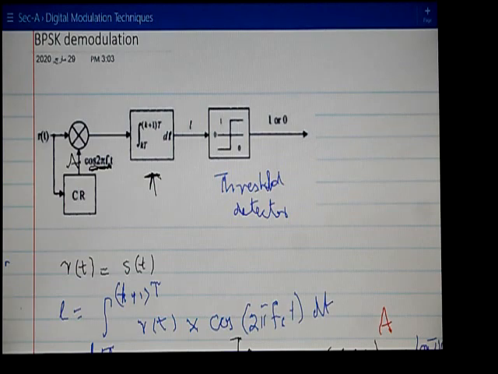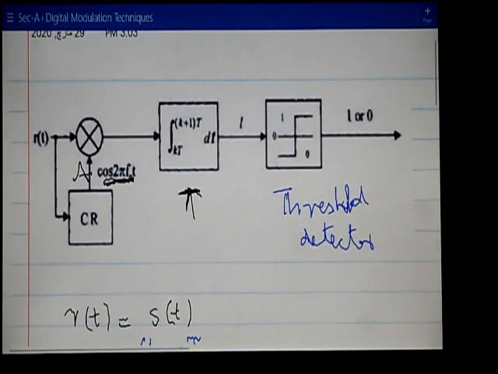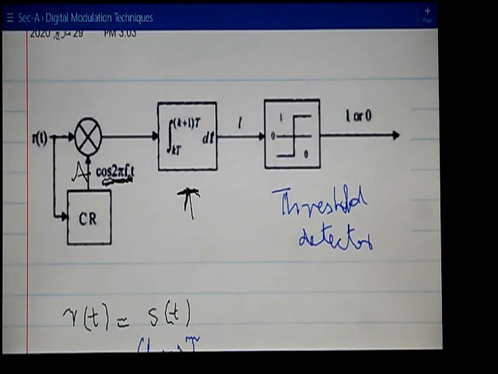Let me review it briefly now. You have the received signal and the carrier recovery block. The carrier recovery block gives you the carrier from the received signal, which is cos of 2 pi fct. You can always multiply that carrier by a or any other constant to get a feasible expression in the end.